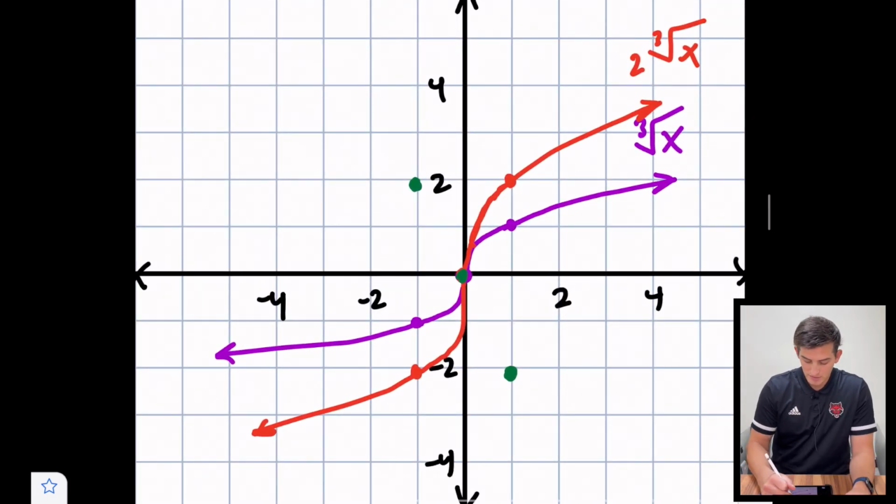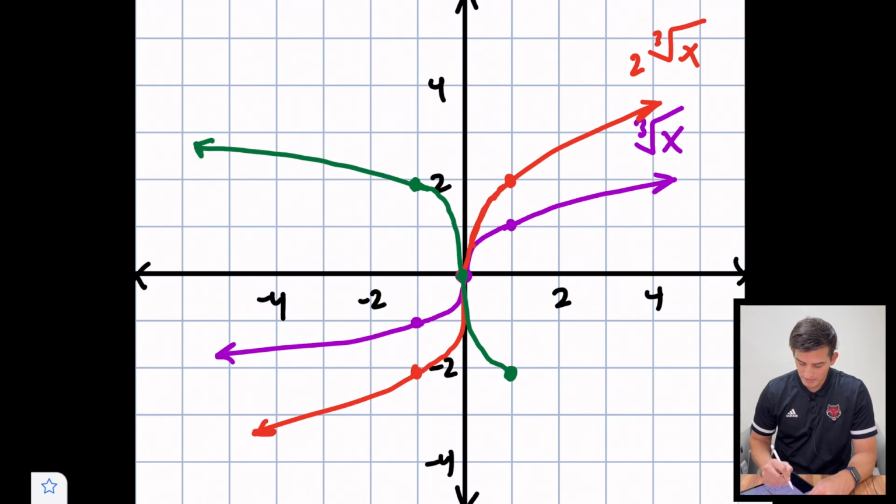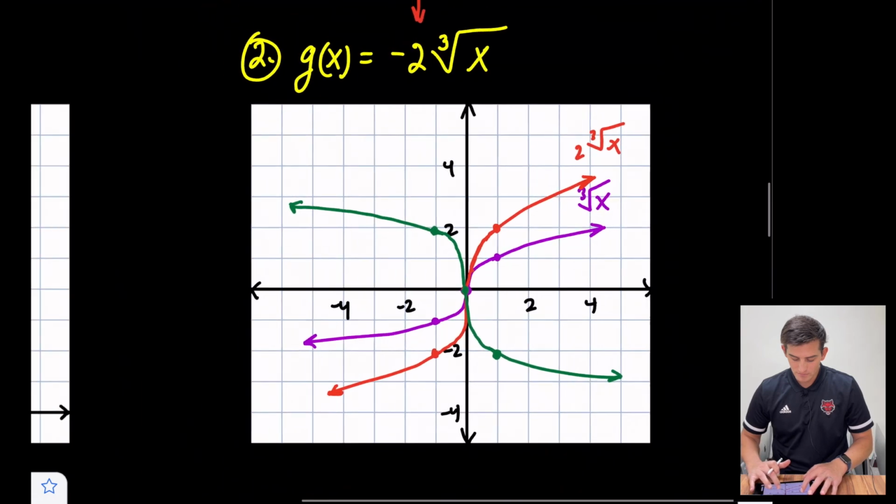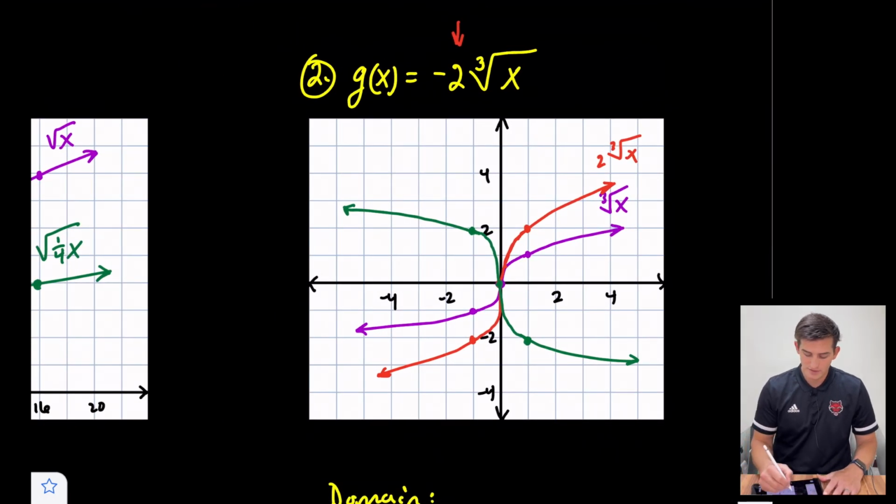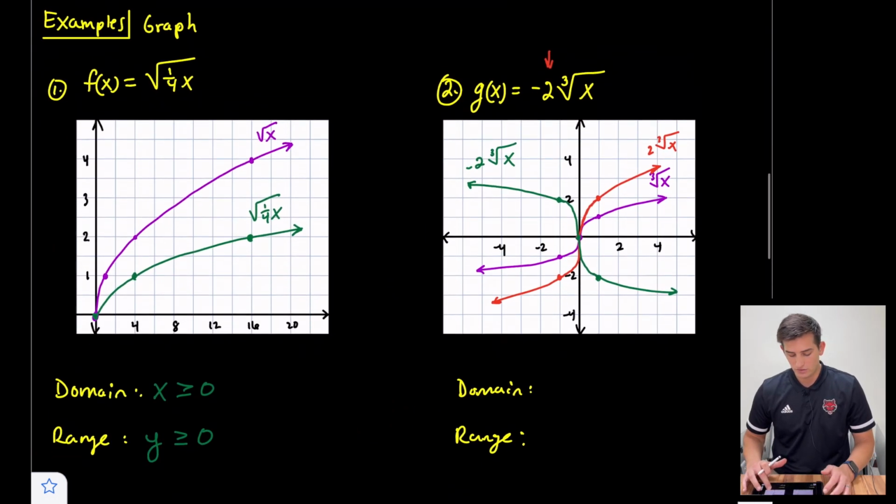We've just flipped this graph over the x-axis, and now we can add these pieces to our graph just like this. The green graph that we see right here would be our final graph, our g of x function, -2 times the cube root of x, and that's what we would want it to look like.